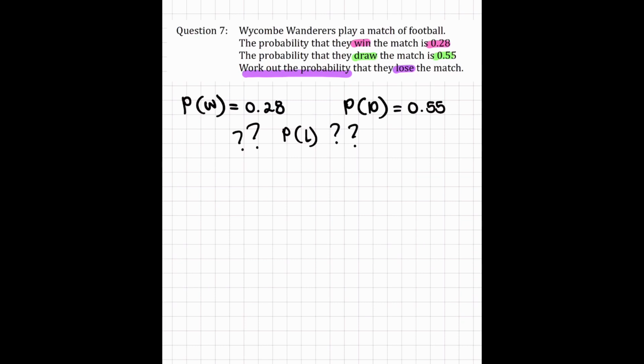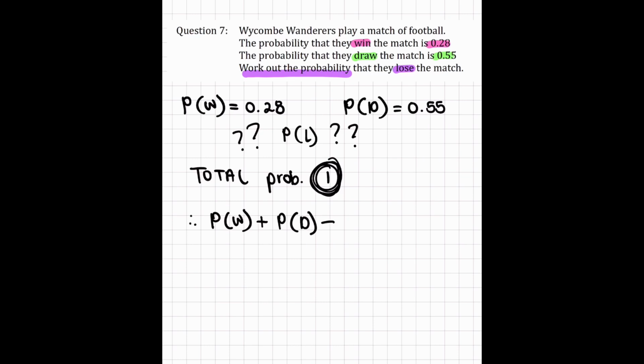Alright, so we know that the total probability is out of 1. Therefore the probability of them winning, along with the probability of them drawing the game, along with the probability of them losing the game, needs to equal 1.